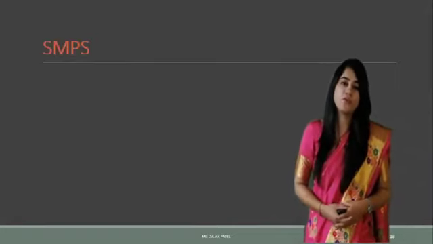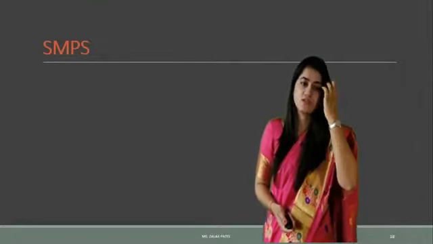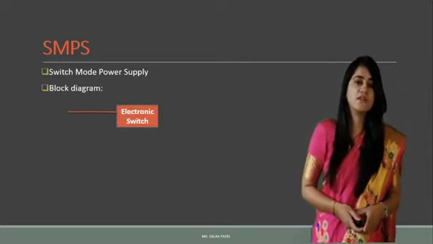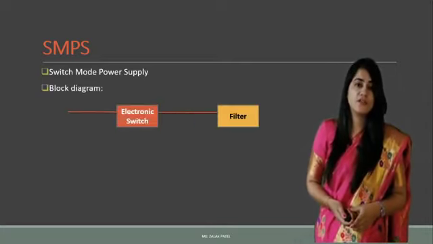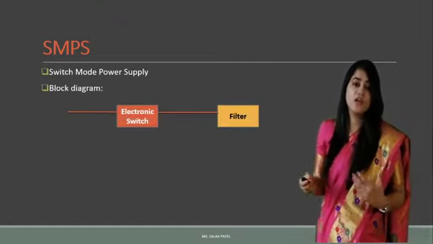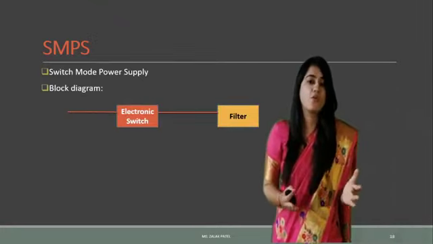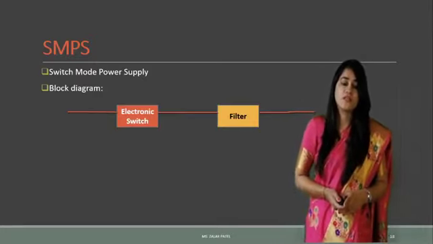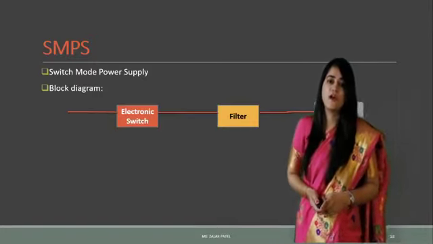Now let's talk about the next topic, SMPS, which means switch mode power supply. In a switch mode power supply, the block diagram is like this. One electronic switch is connected with the filter. The electronic switch can be either on or off at a time, and it is further connected with the LC filter, which means inductor and capacitor terms will be there.